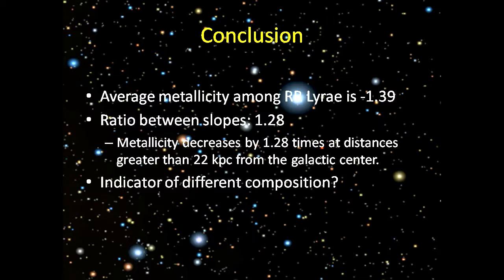So the next question is, this is an indicator of a different composition, but why? Astronomers have found differences in metallicity closer, at about 1.6 kiloparsecs from the galactic plane, but as far as I'm aware, nothing close to 22 kiloparsecs.